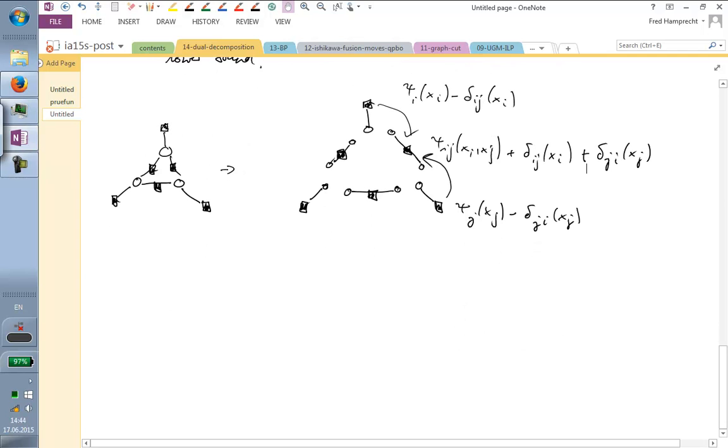Okay, so I have introduced these new dual variables delta. Why is it possible to shift unit potentials into pairwise ones? You can always subsume lower order potentials in higher order ones.